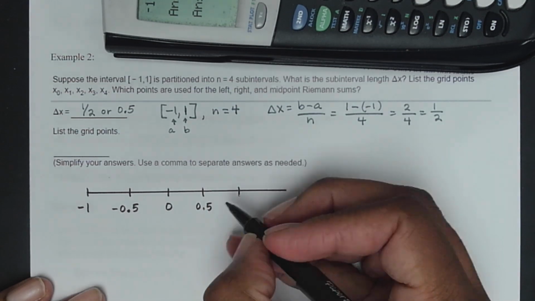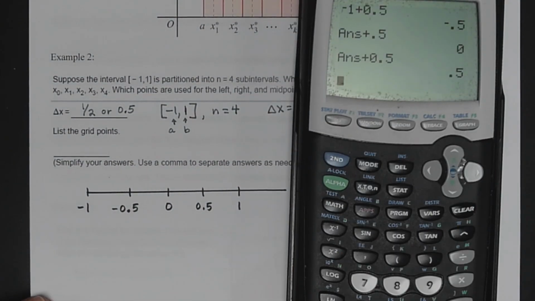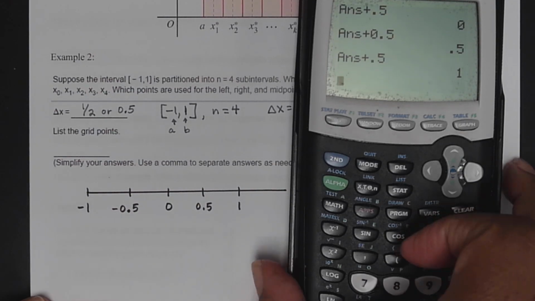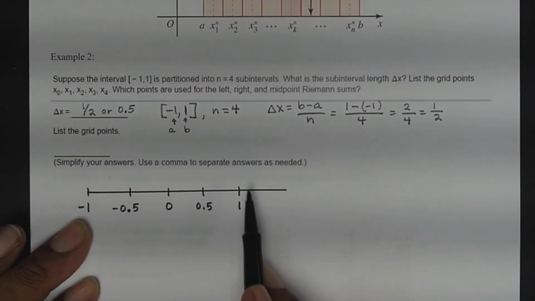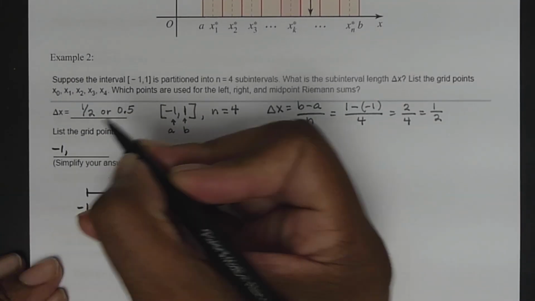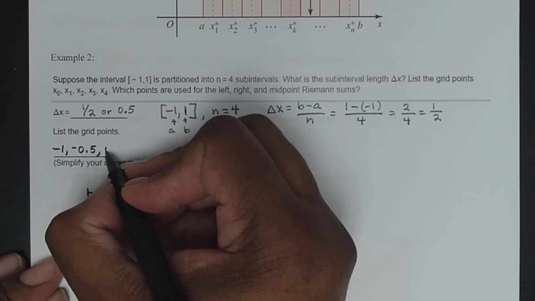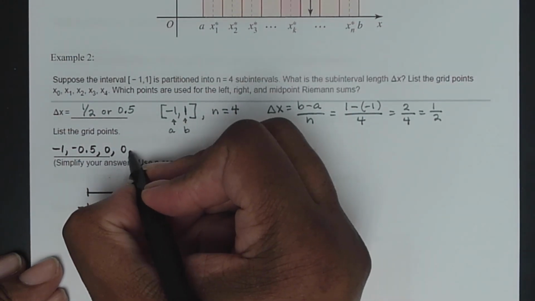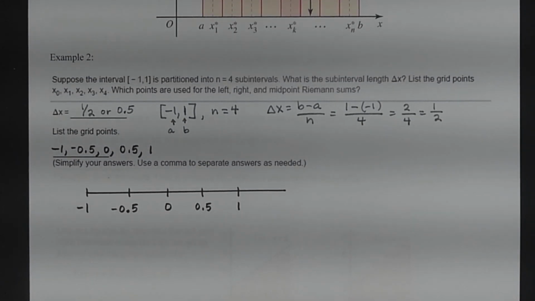And then finally, this will have to be 1, because 0.5 plus another 0.5 is 1. Our interval is from -1 to 1, so these are our grid points here. We start with -1, and then -0.5, and then 0, 0.5, and then finally 1.